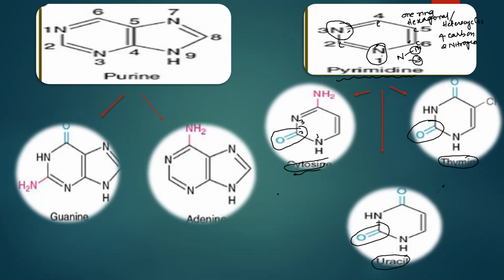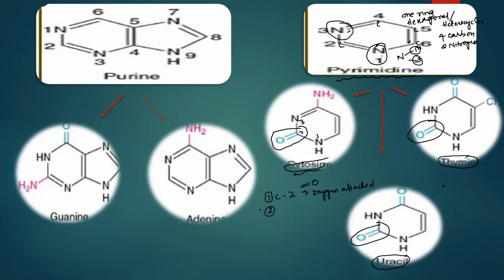So let's put it like this: the second carbon position has an oxygen attached by a double bond. That's one point on how to remember the structure.